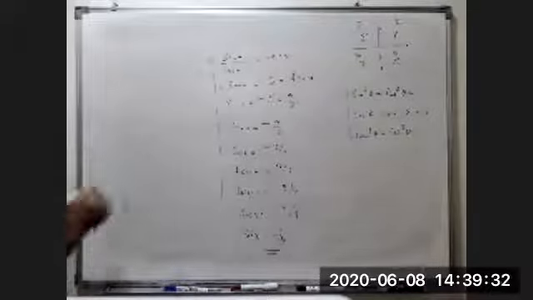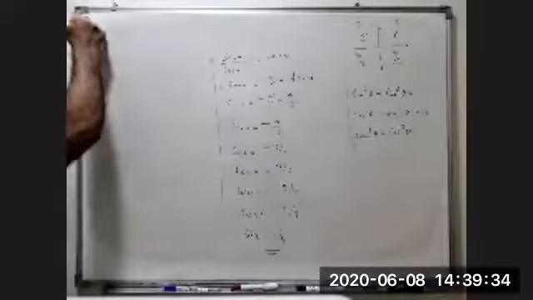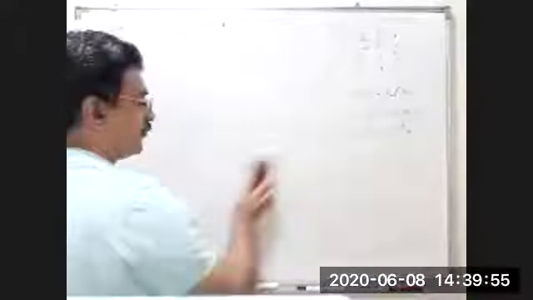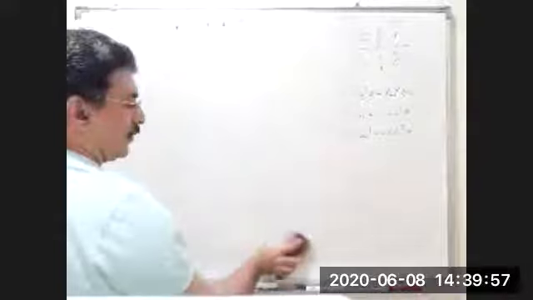Sec x is 13 by 5. Definitely cos and sec are positive in the first and fourth quadrant. Sec is given.